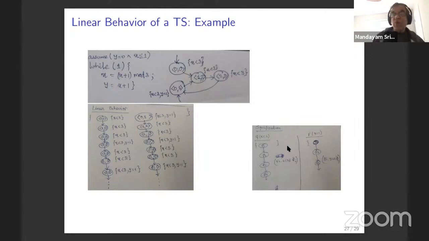Or you could devise a special purpose logic to say which traces are the satisfying instances. And so there are two ways of doing it.